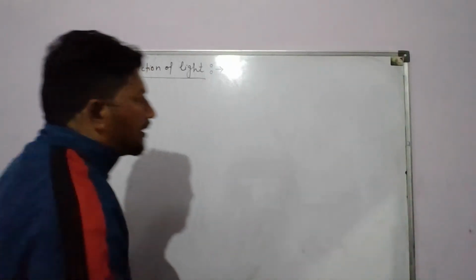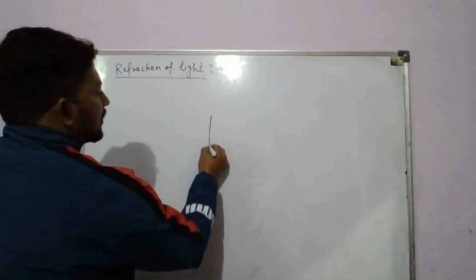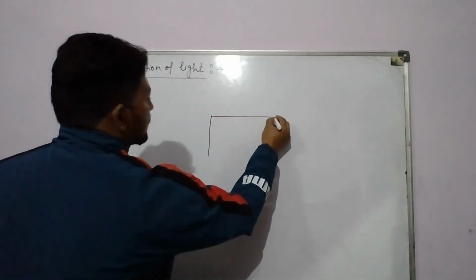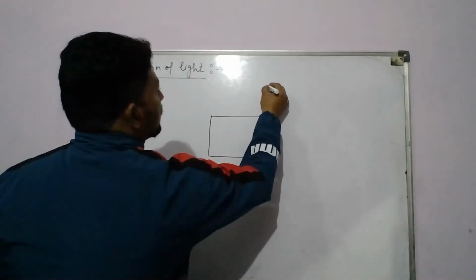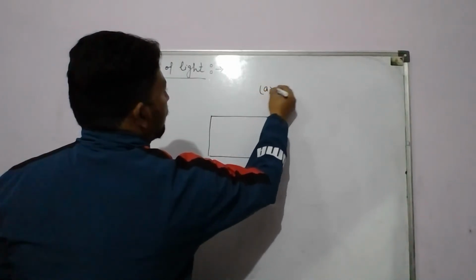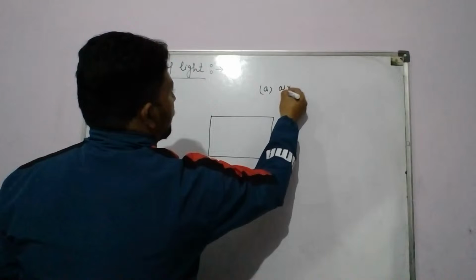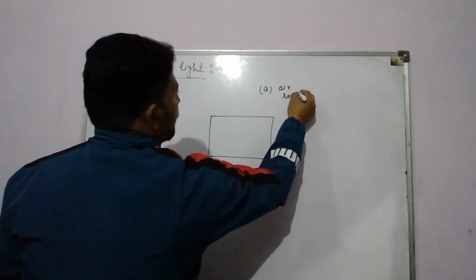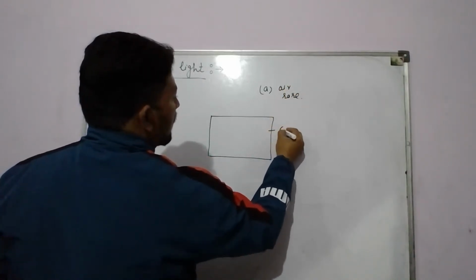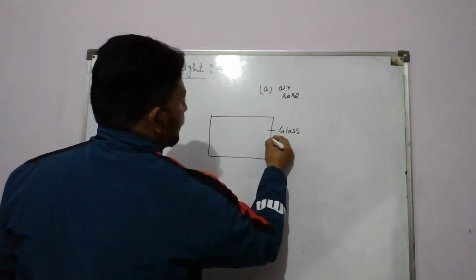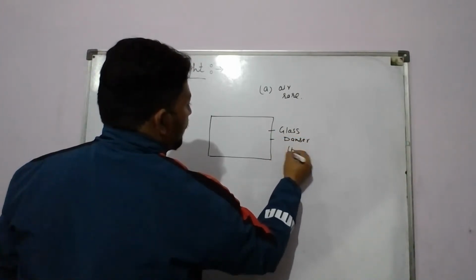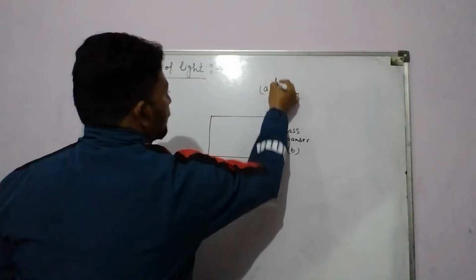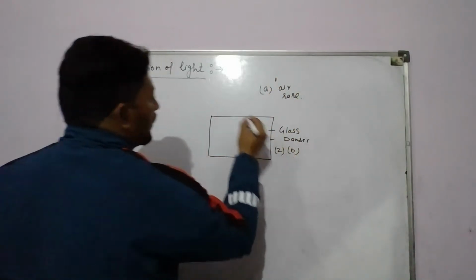So just to understand, suppose it's a glass slab, and this is your A medium, or we can say the air medium or rarer medium. This is your glass medium, denser medium, or B medium. You can write here first medium or second medium.